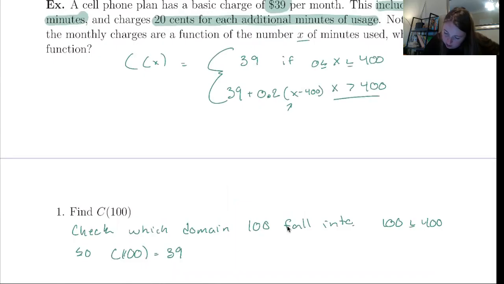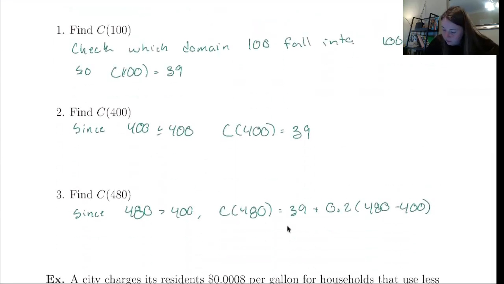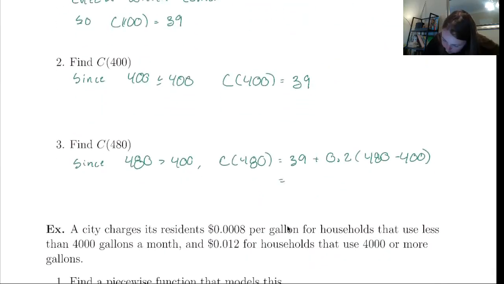So I fell into this domain. So that's my output. And we can see that this is 39 plus 0.2 times 80. It's kind of walking you through checking that the function you created makes sense with what the problem was. Okay, great. It's 39 plus 20 cents times the minutes I went over.